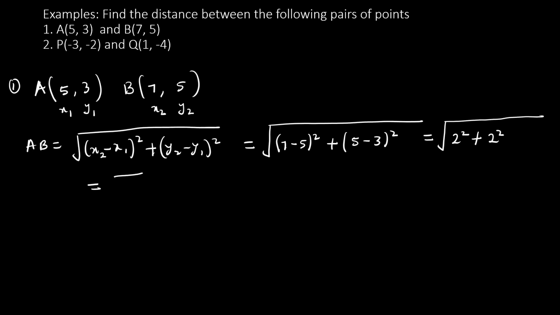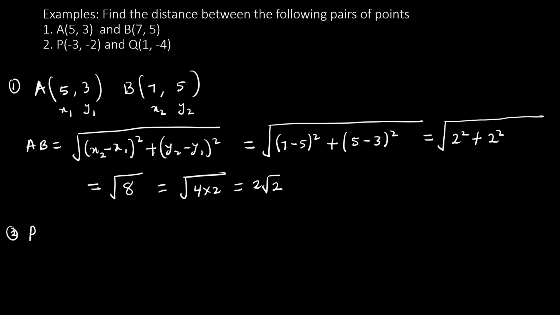So we are looking for the square root of 4 plus 4, which is 8. We can leave the answer in surd form depending on the question. So this equals the square root of 4 times 2, which is 2 root 2. You can check out our catalog to learn more about surds. So the distance between point A and point B, AB, is equal to 2 root 2.